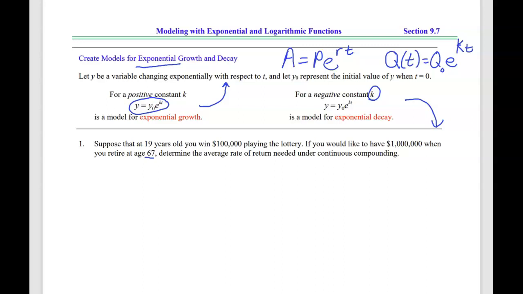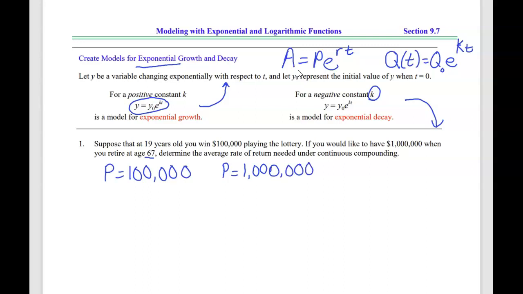So basically, we're using this continuous compounding formula. We're starting with $100,000. Afterwards, at our retirement, we want $1 million.